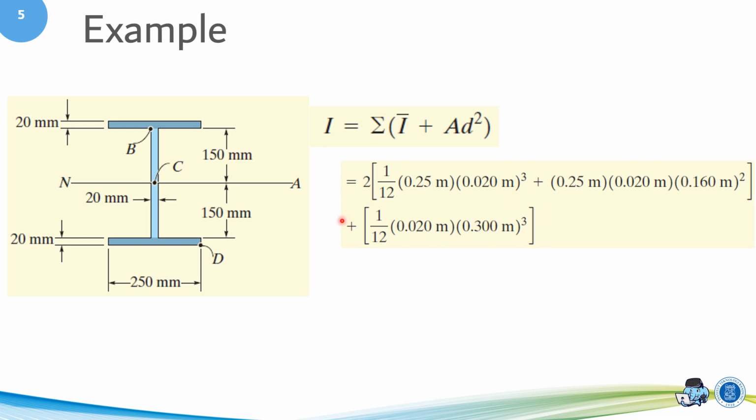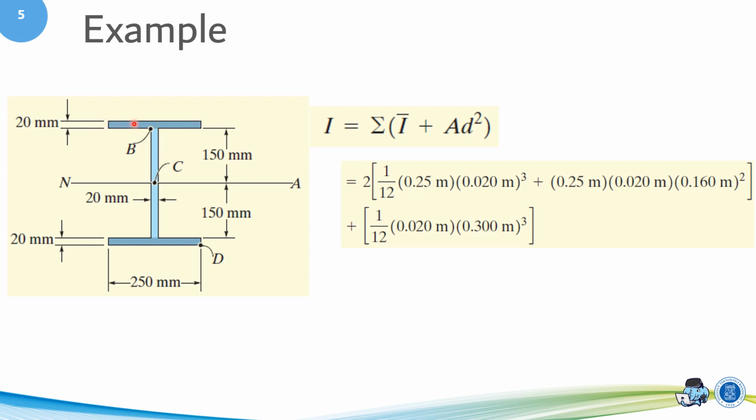The web, on the other hand, needs the parallel axis theorem because the centroid of the upper web is around here and the centroid of the whole shape is around here. So we have to use the parallel axis theorem. As you can see here, this is the moment of inertia of one web against the middle axis of the web.